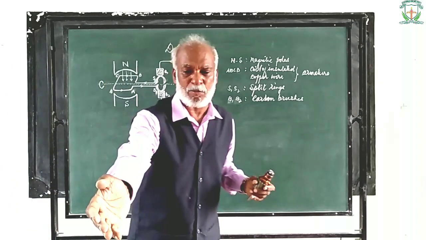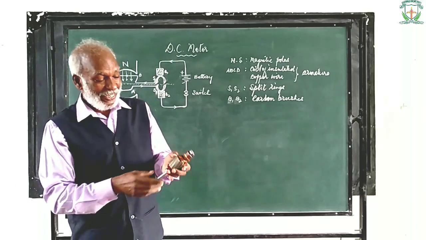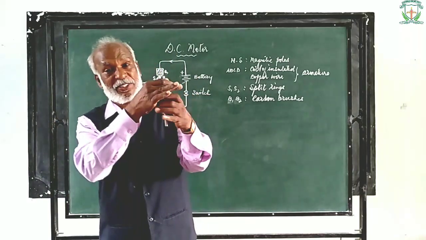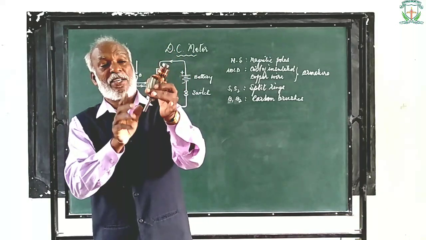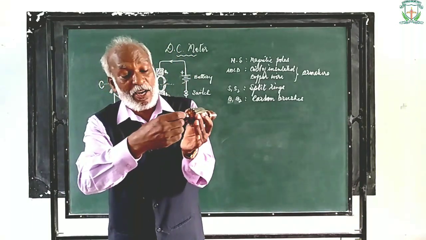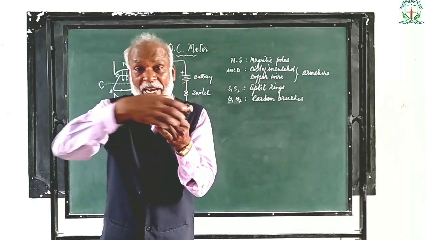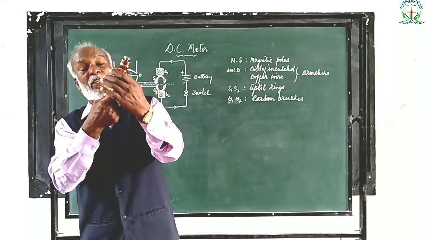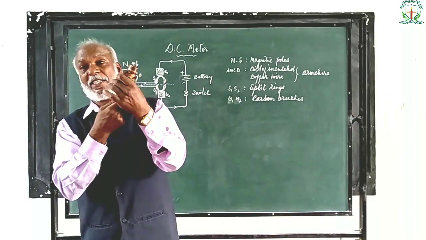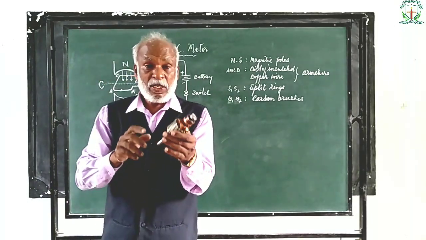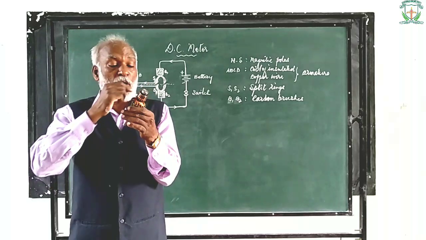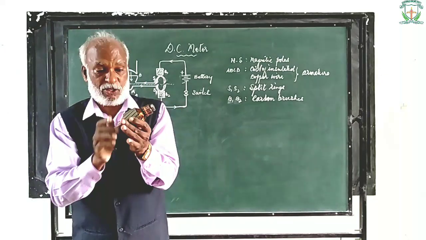In the demonstration model you saw 3 coils. Here you have many coils. Nearly 9 to 12 coils are wound on the same axis and the armature coil is made.